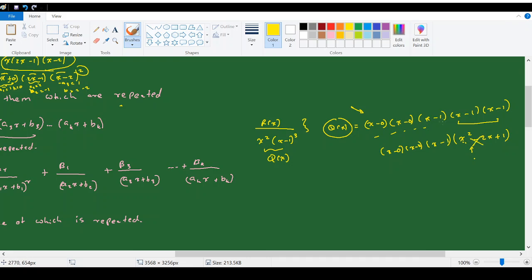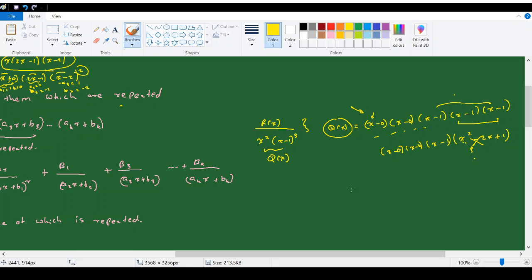Okay, right, and I explained the meaning of irreducibility in the previous video. Now here we can see that all the factors are linear, but the thing is this linear factor is repeated 2 times and this linear factor is repeated 3 times, right?